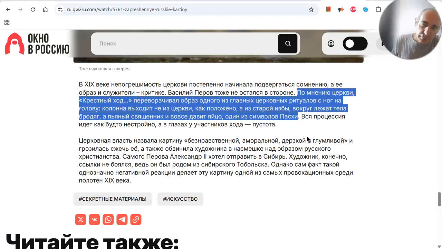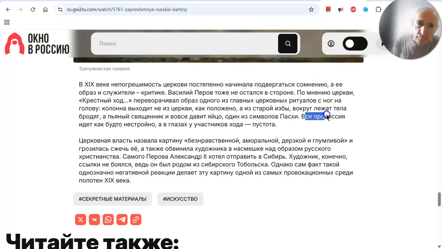The procession comes out not from the church, as it should be, как положено, or the proper way, but from an old village house. Around lying the bodies of nomads, or the homeless. And the drunk priest is even crushing the egg, one of the symbols of Pascha.